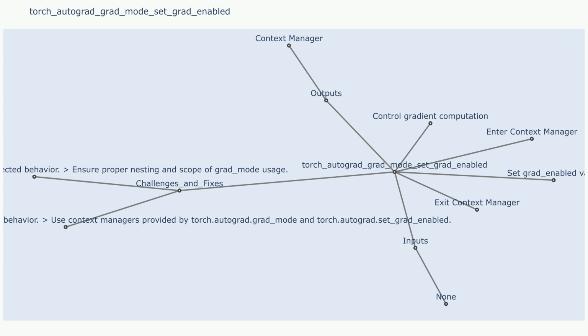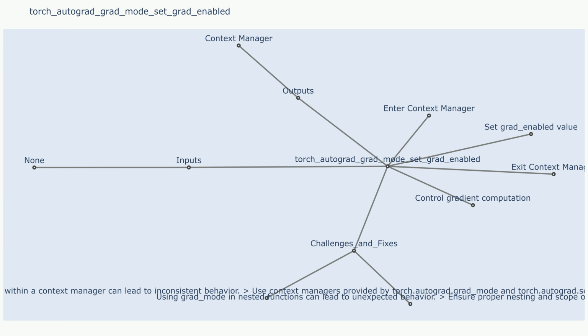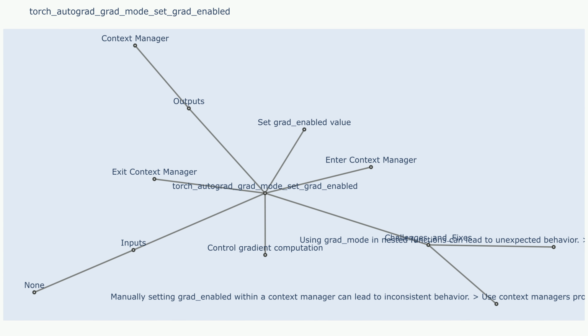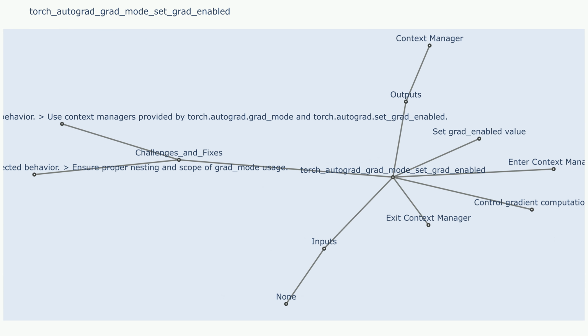Sample use case that resulted in challenge 1. If you forget to reset the gradient tracking mode after using torch autograd set grad enabled mode, subsequent operations might inherit the modified mode, leading to unexpected behavior. Fixes to challenge 1. Always ensure you reset the gradient tracking mode to its desired state after using it.